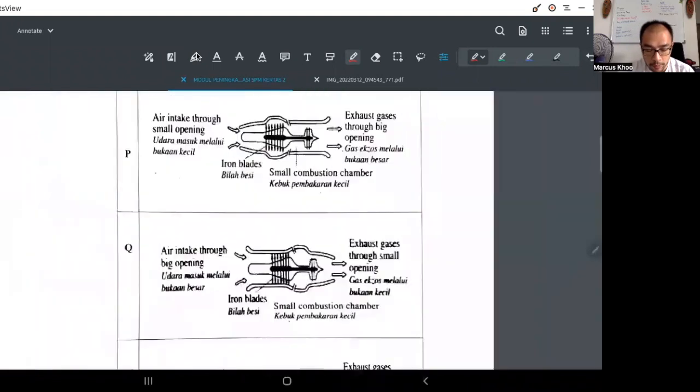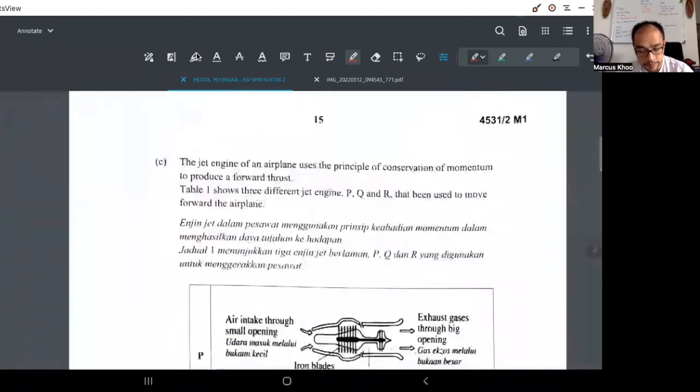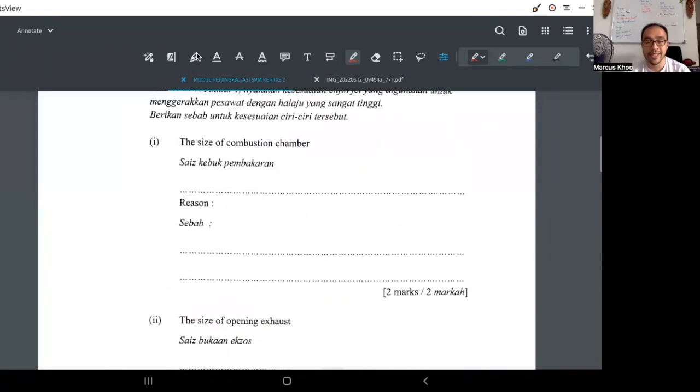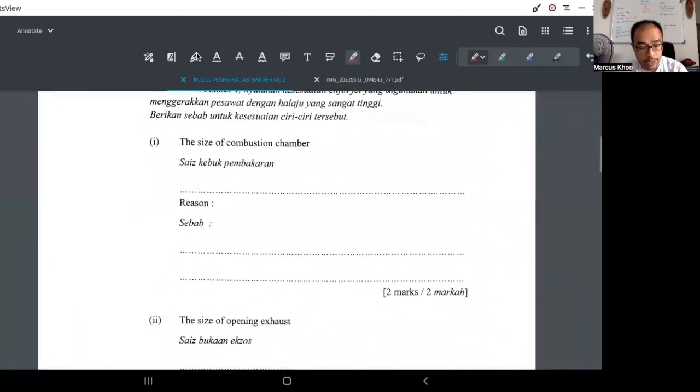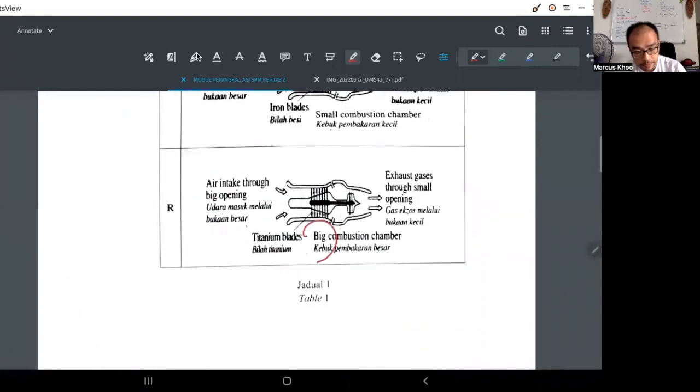The size of the exhaust opening, which is here, big opening or small opening. Oh, sorry, only these 2. Okay, fine. But size of the combustion chamber, of course, it must be big lah. So we want a big combustion chamber.